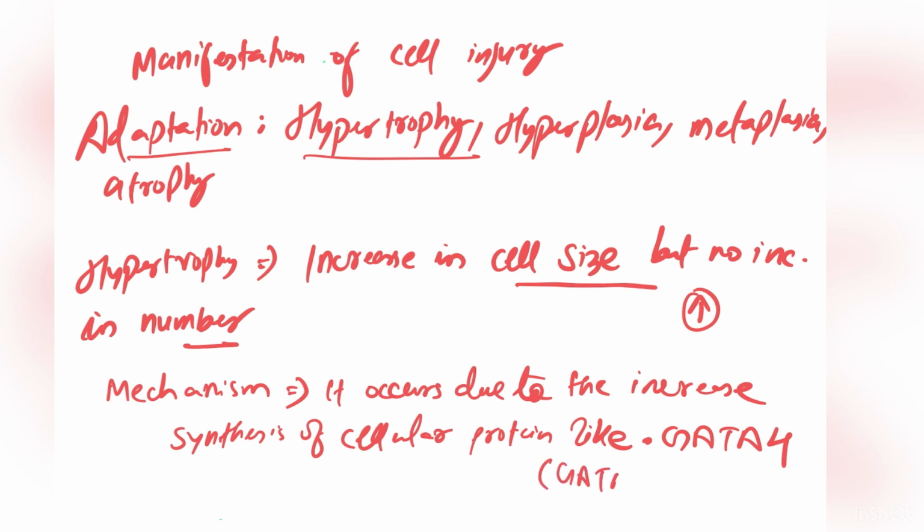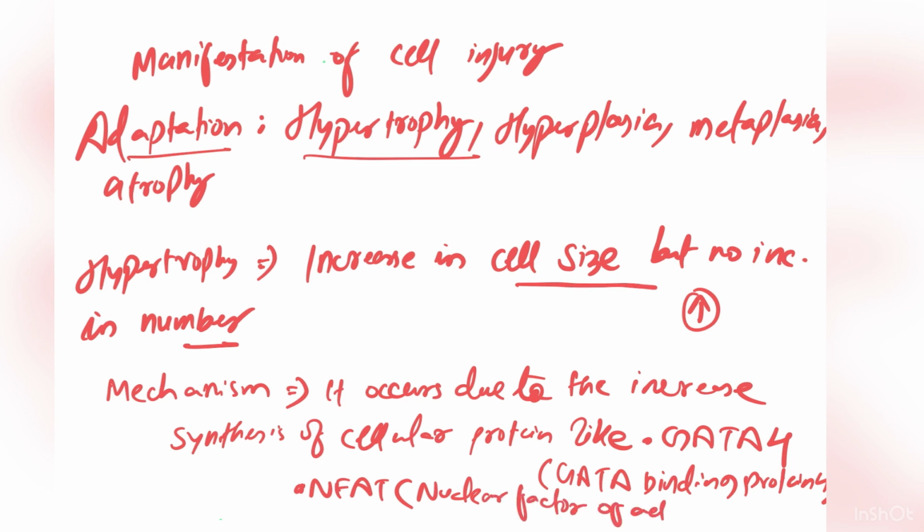It is GATA binding protein 4. NFAT, the full form is nuclear factor of activated T cells. And MEF2, myocyte enhancer factor 2. These three proteins lead to the hypertrophy of cells. What is hypertrophy? It's an increase in the cell size but no increase in the number of cells.